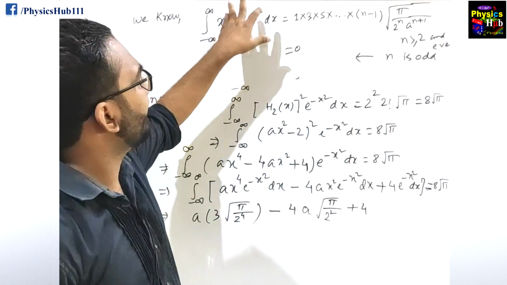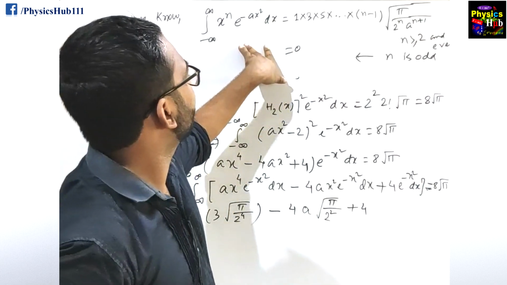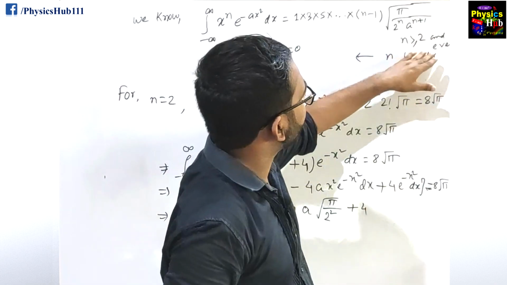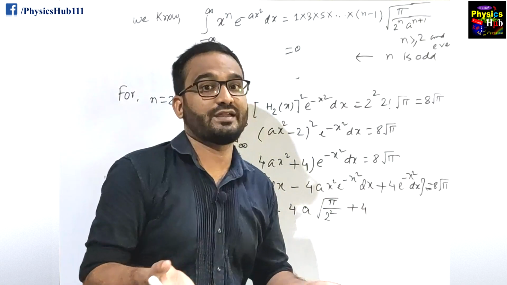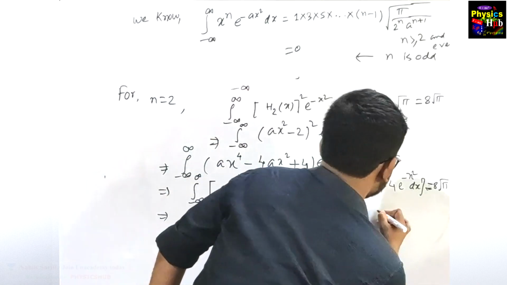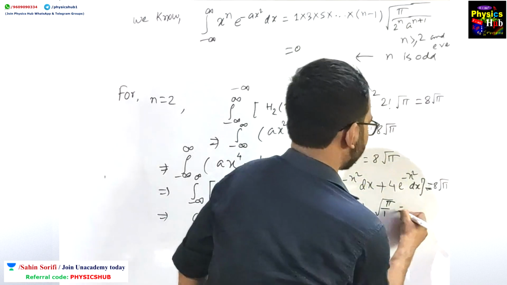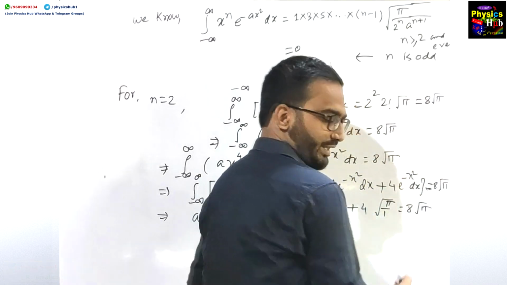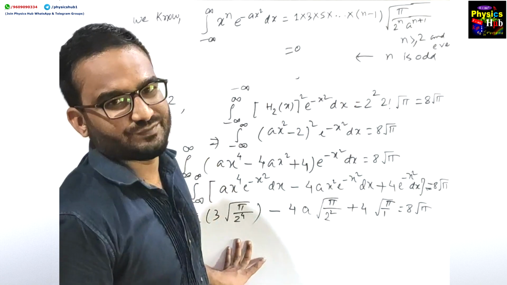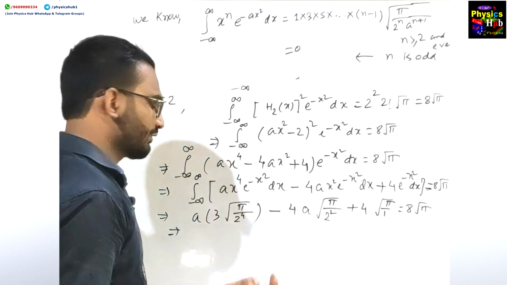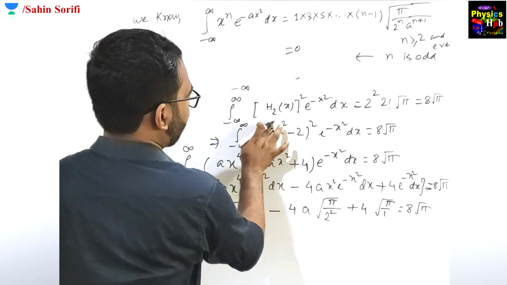Now x to the power n means x to the power 0. It is valid for n greater than or equal to 2, and you know this standard formula: the integral of e^(−x²) dx is root pi by a, and this is 1. That is equal to 8 root pi. So 2 to the power 4 means 16, and the root of 16 is 4. So 3 by 4. I made a mistake here: everywhere a square will be there.